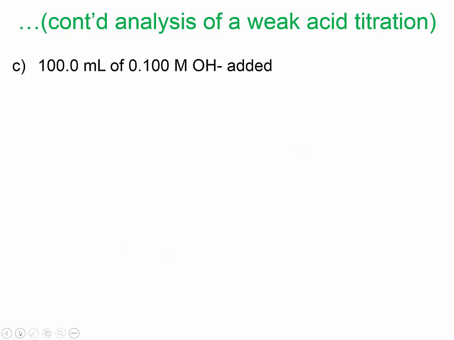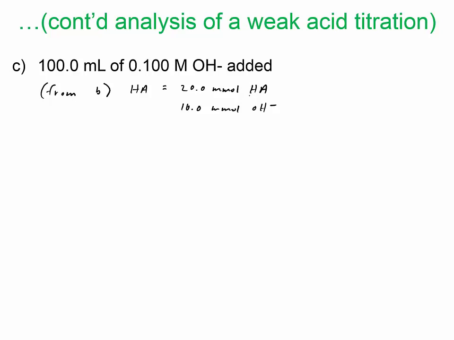So now we have 100 milliliters of 0.1 molar OH, and this is from part B. Our amount of HA was 20.0 millimoles, and for OH we have 100 times 0.1, so we have 10 millimoles of OH. You'll see an interesting thing happens here.